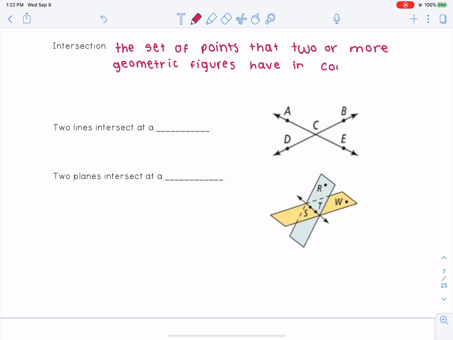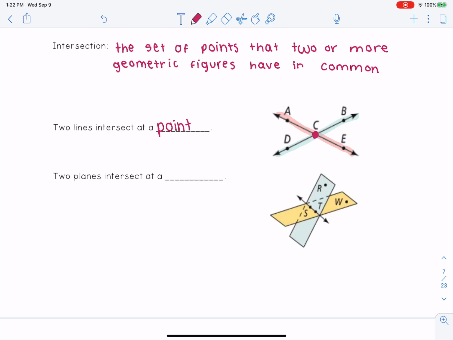So what does this look like? Think about a street intersection. It's where the 2 streets meet. So if I have 2 lines and I want to know where they meet, well, they look like they meet right here. So they meet at a point. And in this case, it's point C.